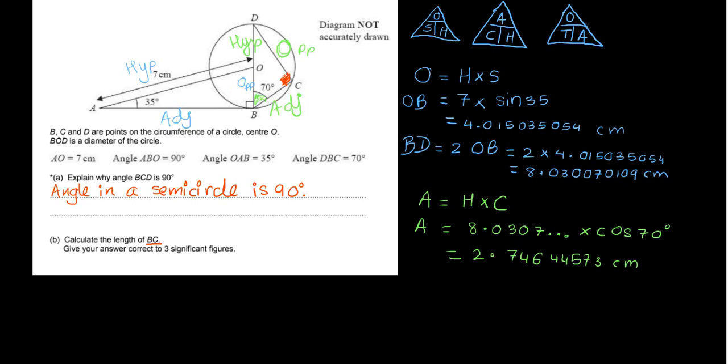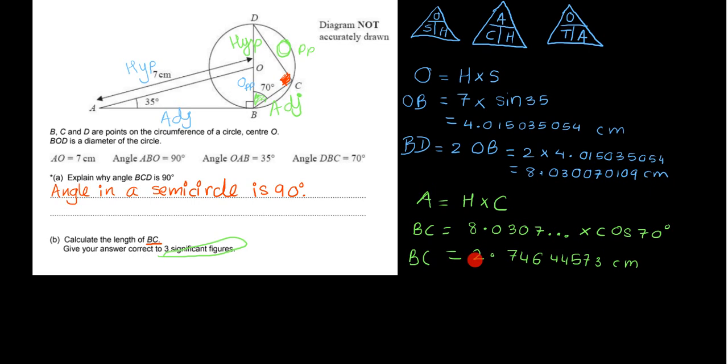Adjacent is BC, so I can erase adjacent here and write BC. So BC is that. And the question says three significant figures. The first significant figure is the first non-zero digit from the left, which is my 2.